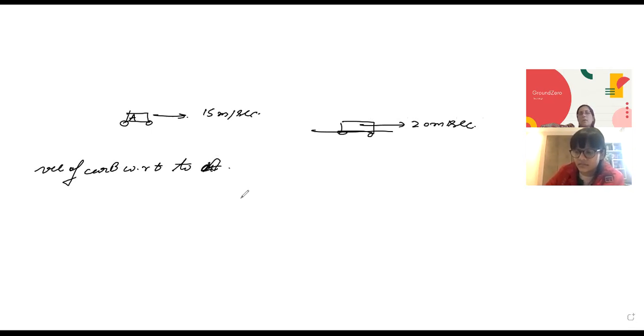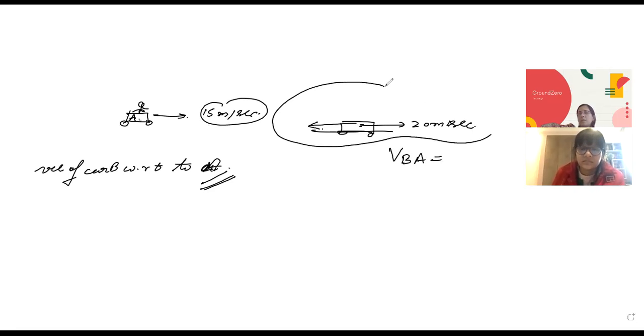Yes. As soon as I said with respect to A, you treat it as at rest. You are sitting on it, treating it at rest. So this velocity will be applied exactly in reverse to body B. So it is 20 meter minus 15 meter, right? Exactly opposite I have applied, so that gives you 5. Did you get that?